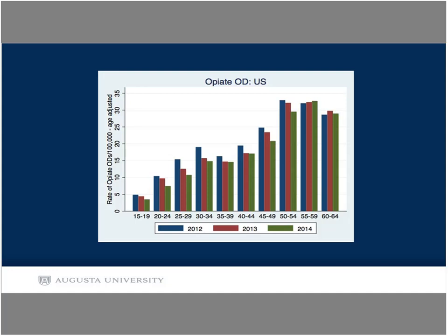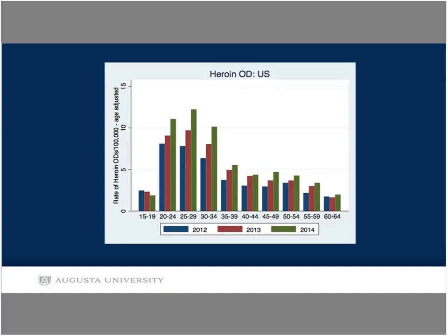But if you look at heroin overdose deaths during that same period, those are very heavily concentrated among the younger ages, so the 20 to 35-year age range is where most of them are. The people who are passing away or overdosing on heroin are actually significantly younger than those who are overdosing on prescription opioids.